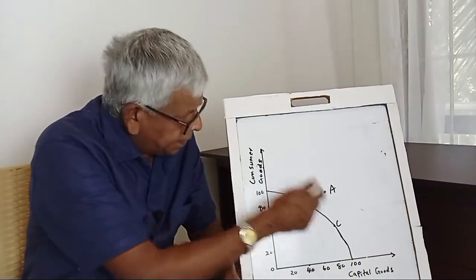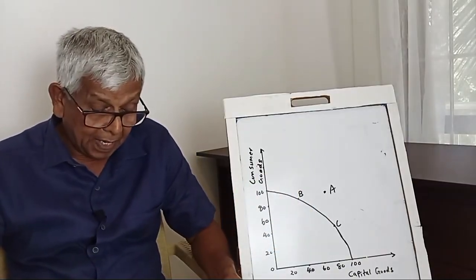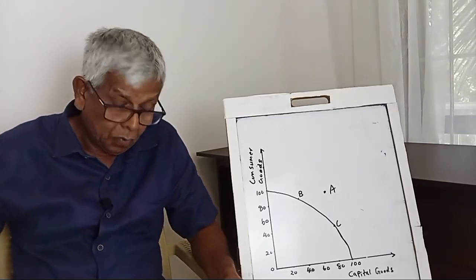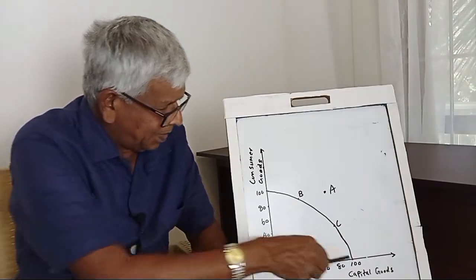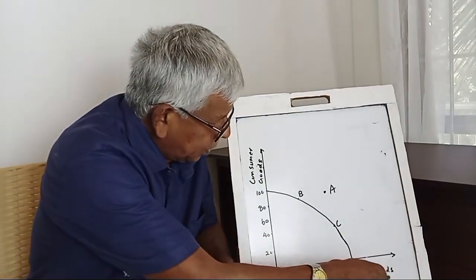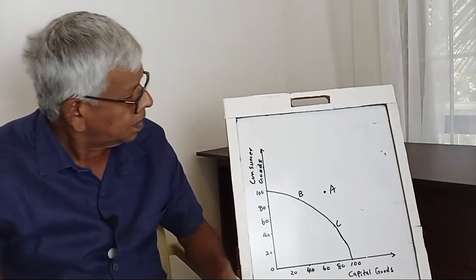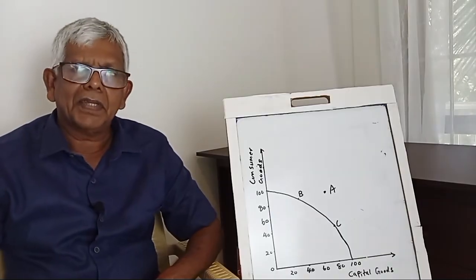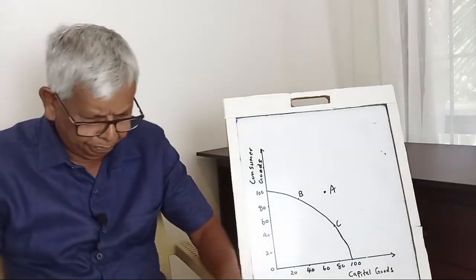B and C are attainable combinations of goods. Here capital goods, here consumer goods. Capital goods and consumer goods.